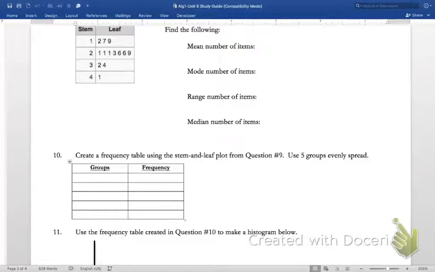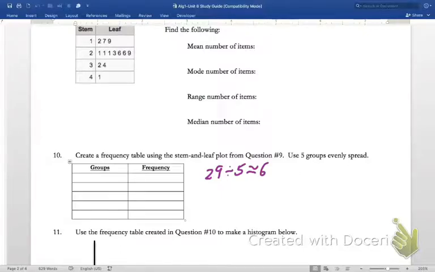So now what I'd like to do is make a frequency table. Since my range is 29, and I want to have about 5 groups, 29 divided by 5 is about 6. So your frequency table might vary a little bit, but your groups should all have the same width. There shouldn't be any numbers that overlap as well.